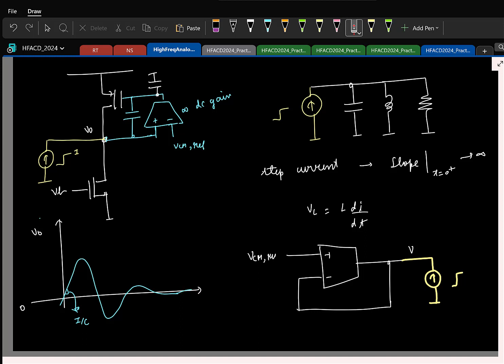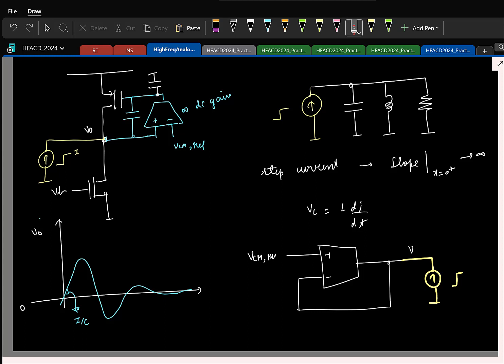So the inductive behavior is not coming because we have this negative feedback loop. It is because of the delay in the negative feedback loop. If this was instantaneously fast, it's always 0. It is because you have a delay in the negative feedback loop that you get this inductive component.